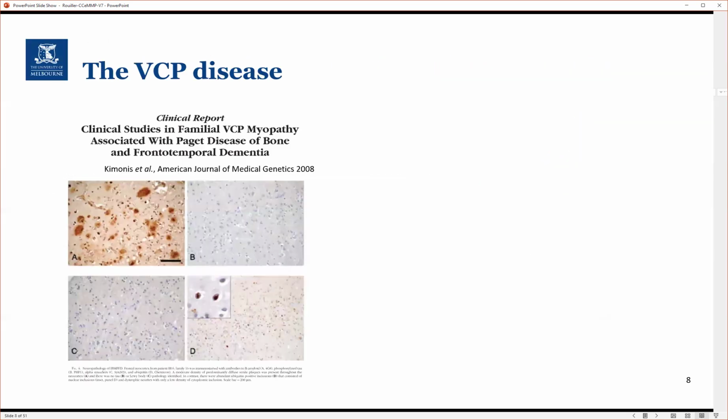Also, not surprisingly, mutations in this protein have been reported to have dire pathological consequences.